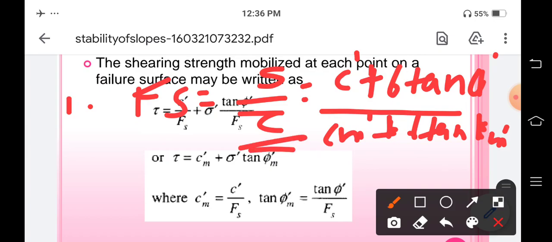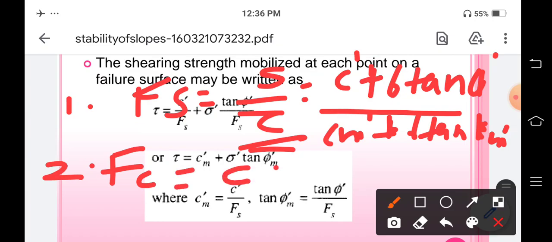Then the second factor of safety is with respect to cohesion, which we can call Fc, equal to C dash upon Cm dash. That is the ratio of cohesion due to effective stress upon the mobilized value of the cohesion.